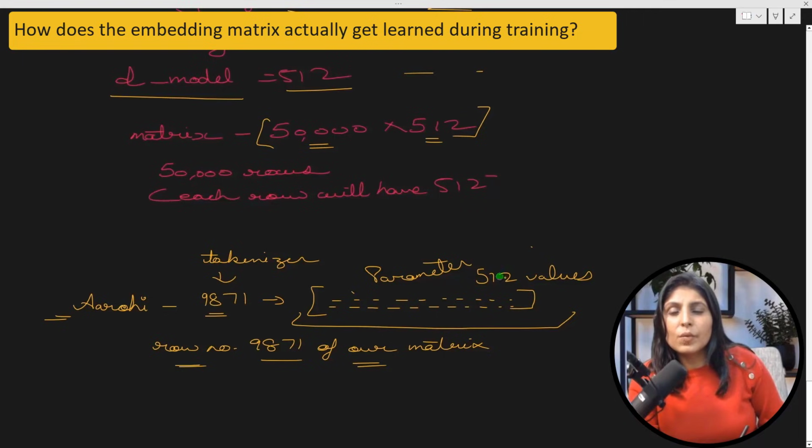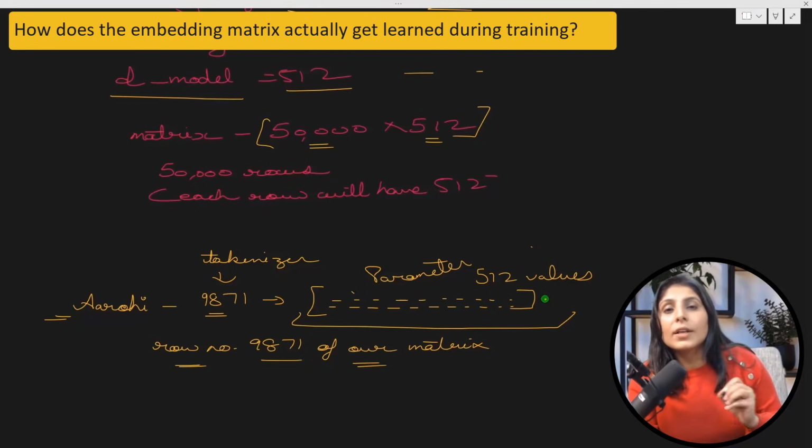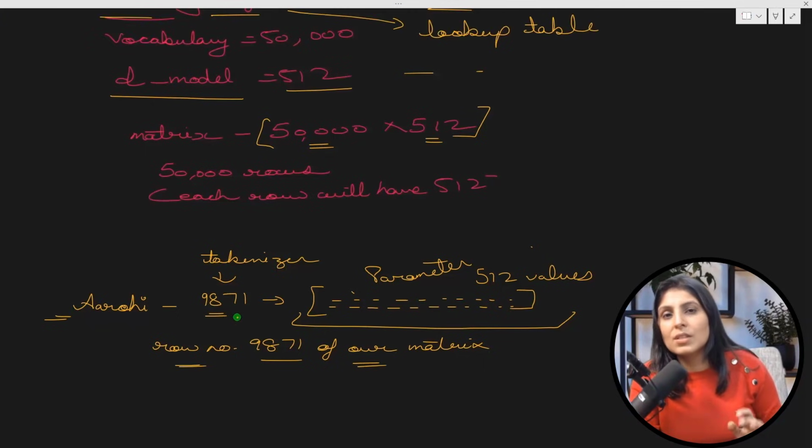We call it an embedding layer because it has these parameters, and the model learns these values epoch by epoch, updating the parameters for each token. I hope this is clear now.